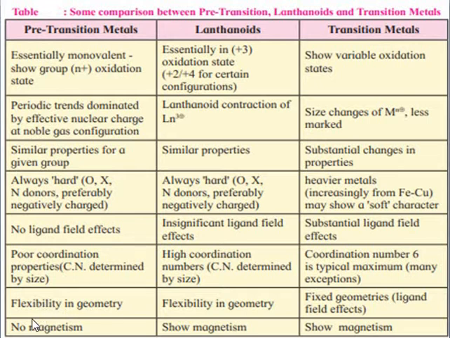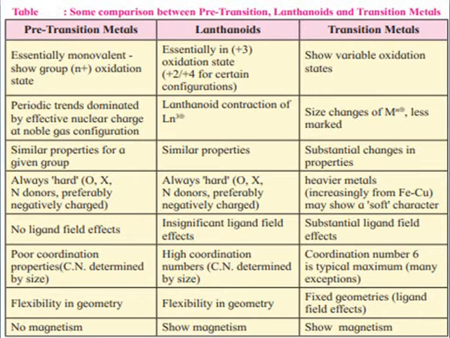Pre-transition metals have flexibility in geometry. Lanthanoids also show flexibility in geometry, while transition metals have fixed geometries due to the ligand field effect. Lastly, pre-transition metals show no magnetism.